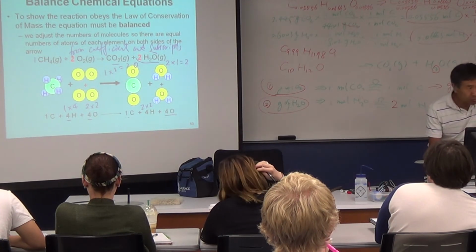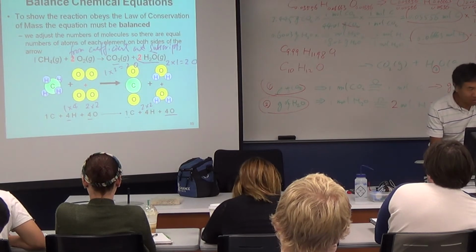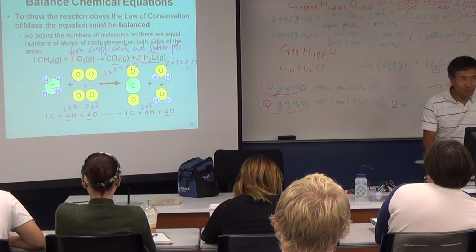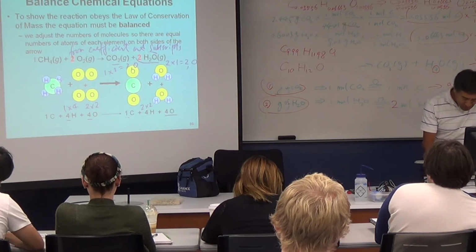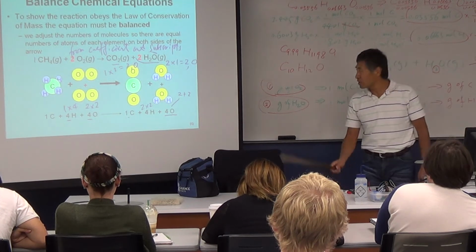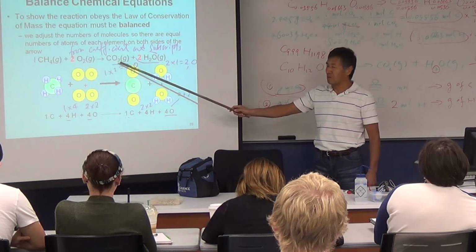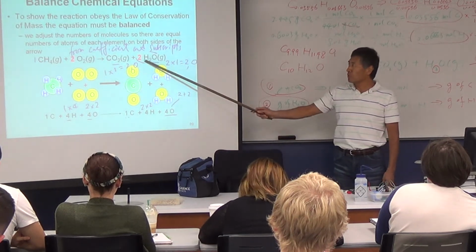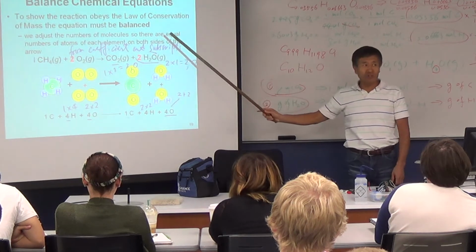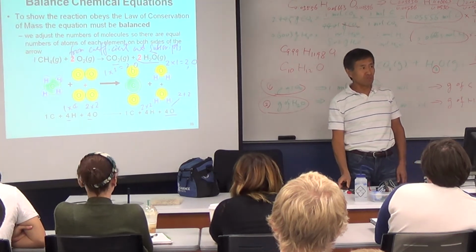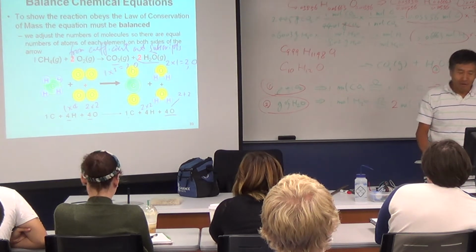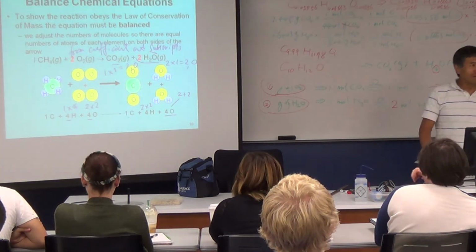So therefore we get another 2 O. So you have 2 O plus 2 O. But how do you get this 2? You take this 1 multiplied by 2. How do you get this 2? You take this 2 times 1. So you pretty much have to use the coefficient and subscript. Right? Any questions?